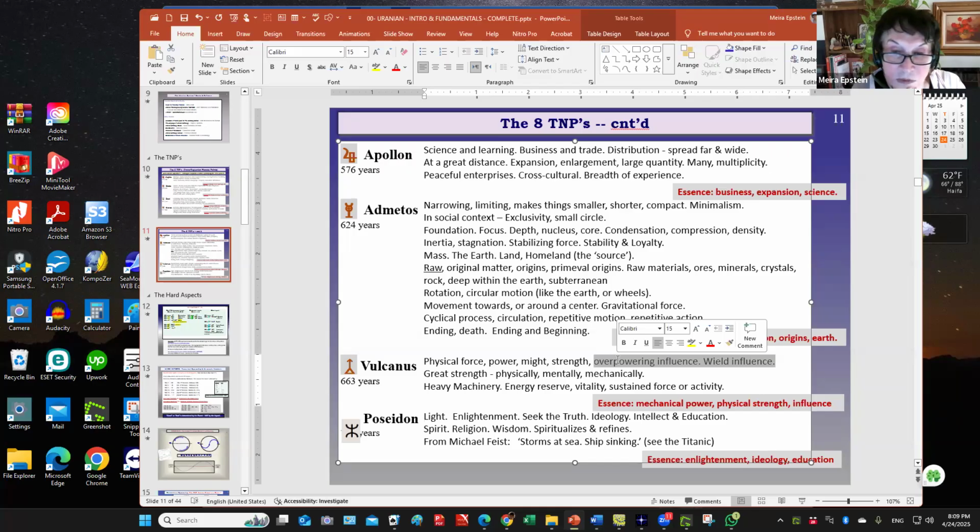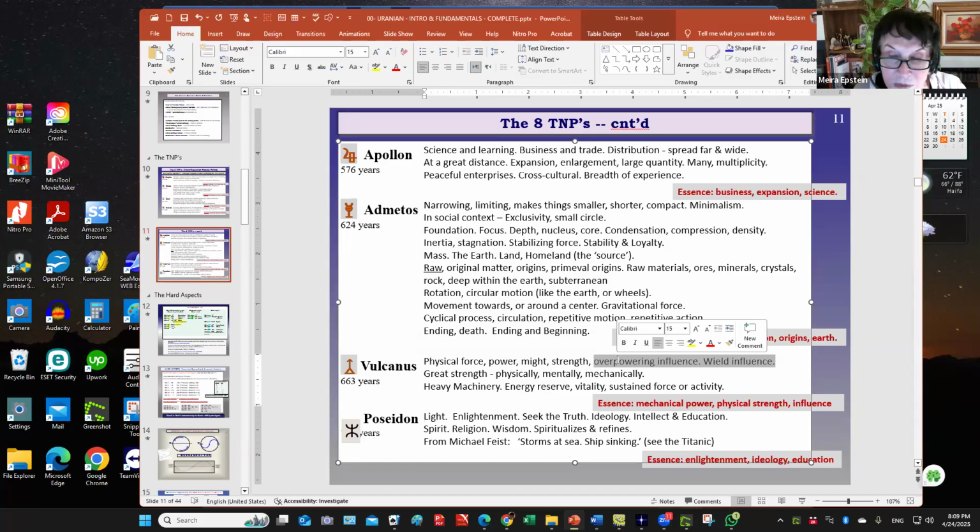The name Vulcanus goes back to the mythology, to the god Vulcan, who forged the iron and things like that. He was not a forger, he was an ironsmith. That's a better word, ironsmith. So it's about physical power, but also personal power. Okay.